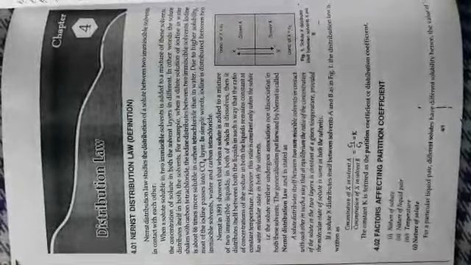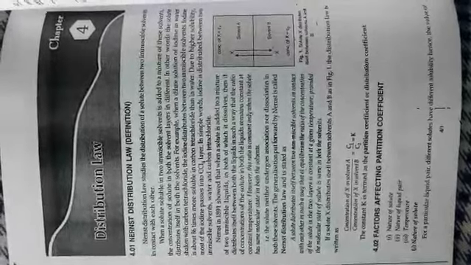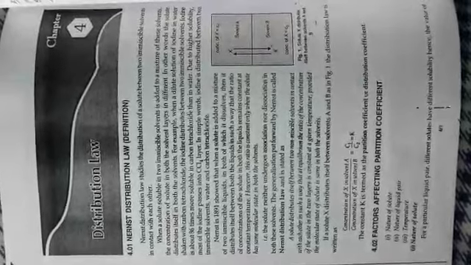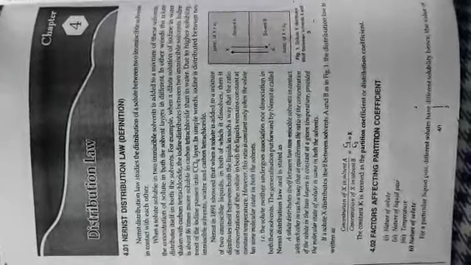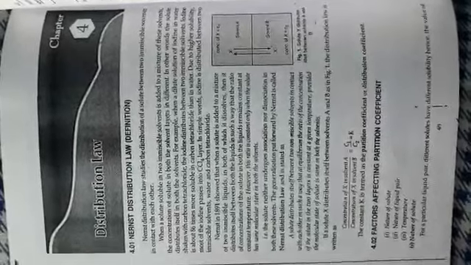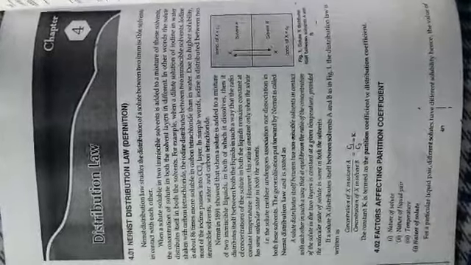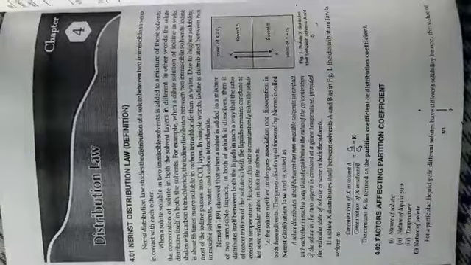The generalization put forward by Nernst is called Nernst distribution law and is stated as: a solute distributes itself between two immiscible solvents in contact with each other in such a way that at equilibrium the ratio of concentration of solute in the two layers is constant at a given temperature, provided the molecular state of solute is the same in both solvents.